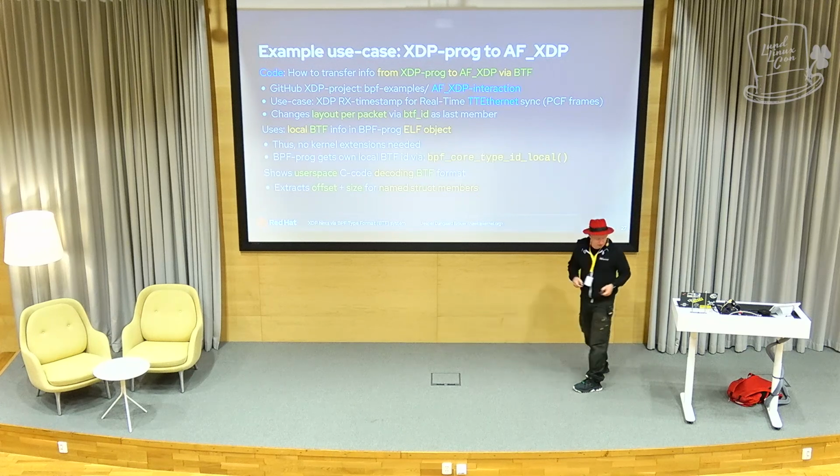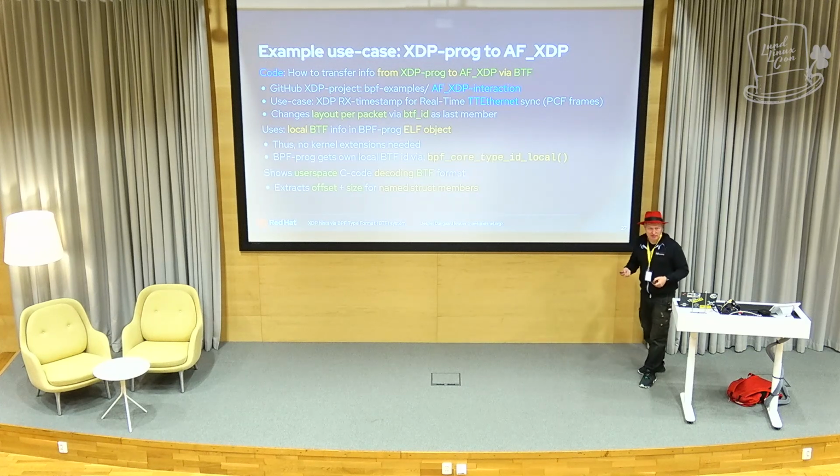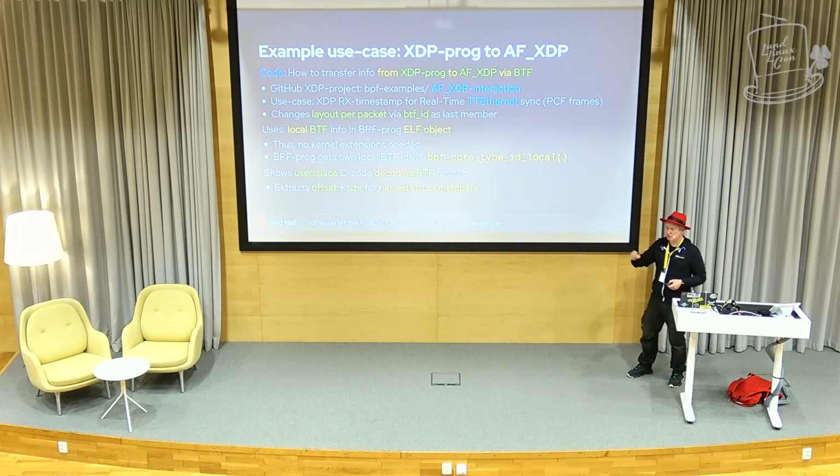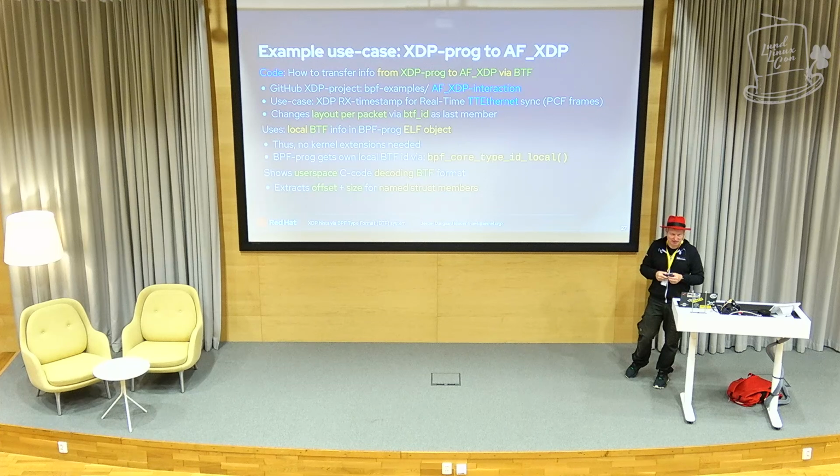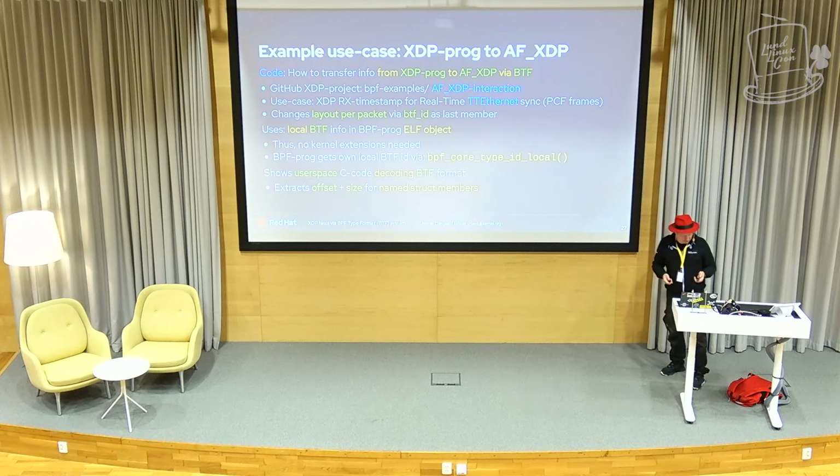That turned out to be quite nice. We also had to debug something, so we just added which CPU the packet was coming in on to the BPF program and extended our BTF, and we could debug this. We didn't have to care that the layout had changed and that we had to update the program, because we extract the offsets dynamically. That was quite nice.